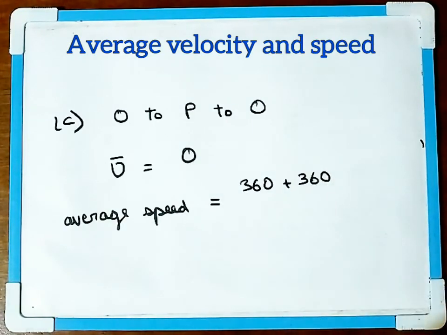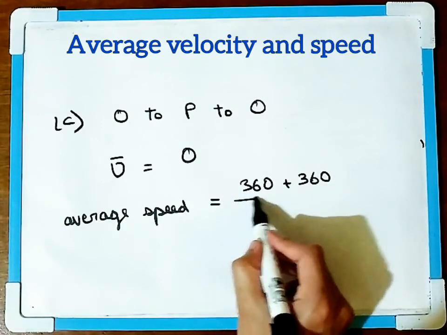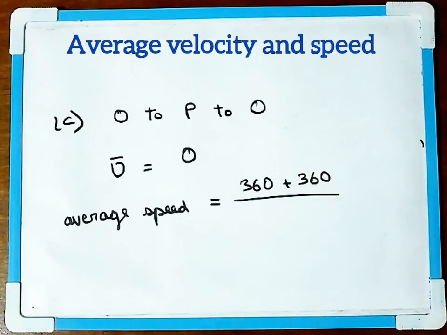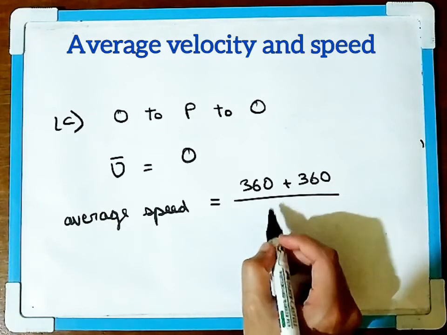And in this case, the total time will be, from O to P, the time taken is 18, and from P to O, the time taken will also be, say, 18 seconds.